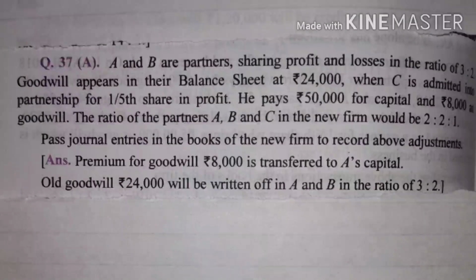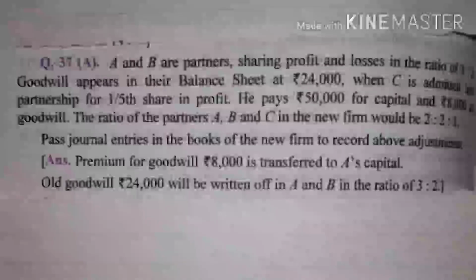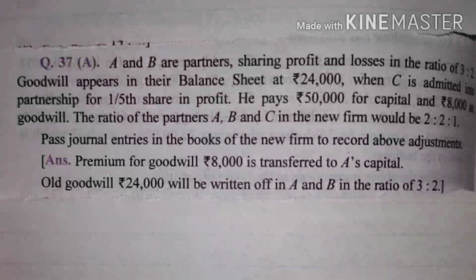Balance sheet means what? Balance sheet has already been prepared at the end of the last year. And if goodwill is appearing in those books, you have to simply write off that goodwill. That means you have to finish off that goodwill account. Because of what? Because of accounting standard 26.